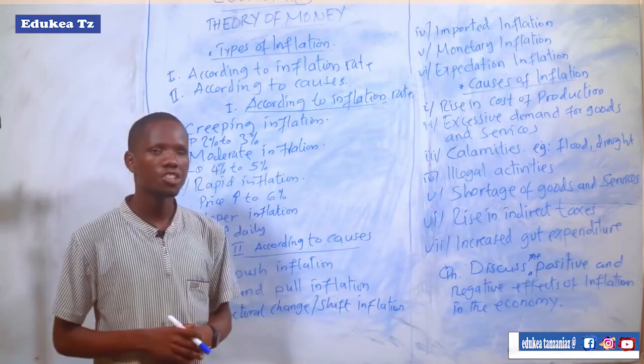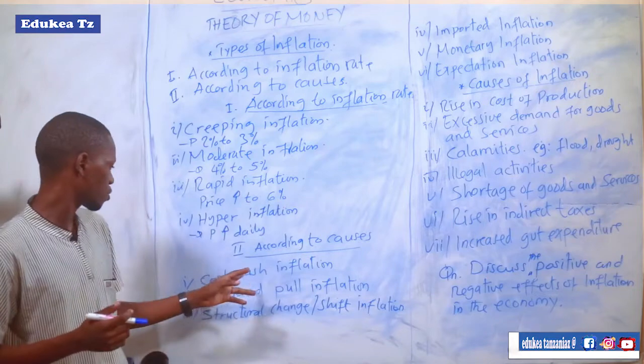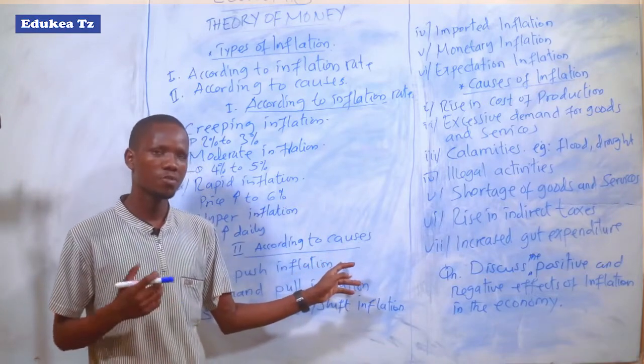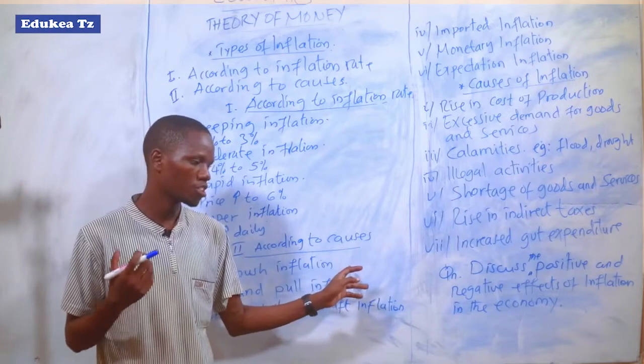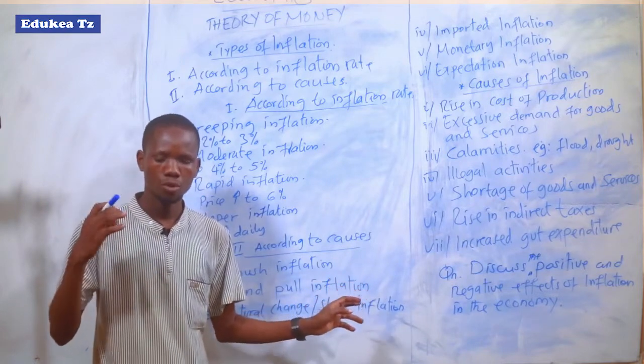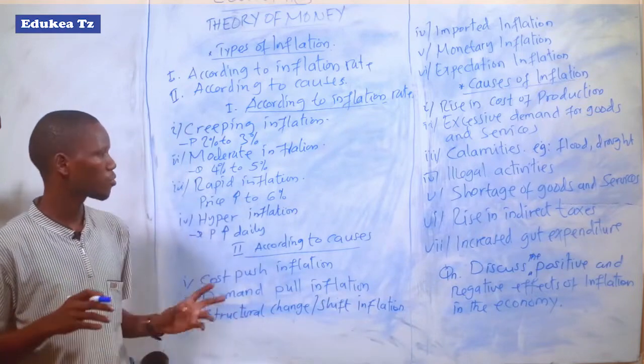This imported inflation occurs when there is the existence of this cost push inflation in the country. It means that people will fear to produce goods and services due to the high prices, maybe of purchasing inputs to be used in production.